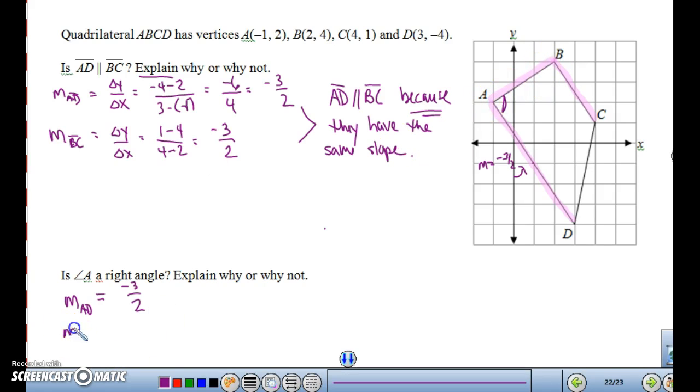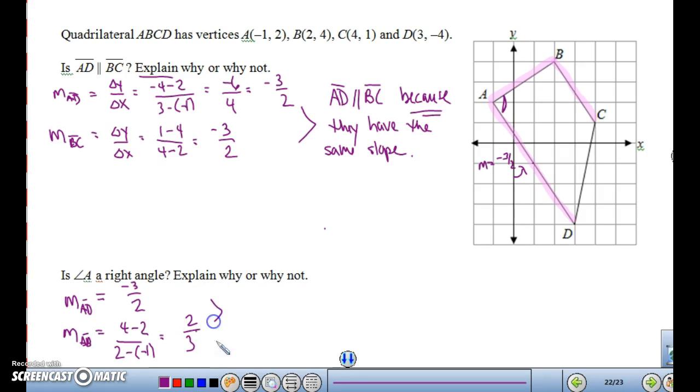Well, the slope of AB is, let's see, A is (negative 1, 2) and B is (4, 2). So that's going to be 4 minus 2 over 2 minus negative 1. 4 minus 2 is 2. 2 minus negative 1 is 3. We have AD is negative 3 over 2, and AB is 2 over 3.